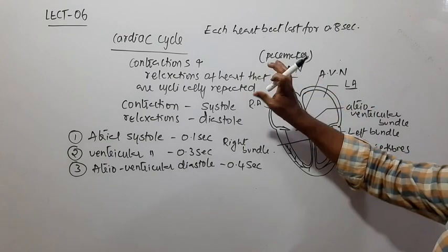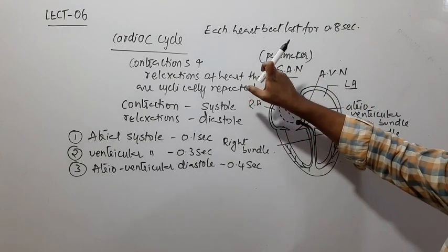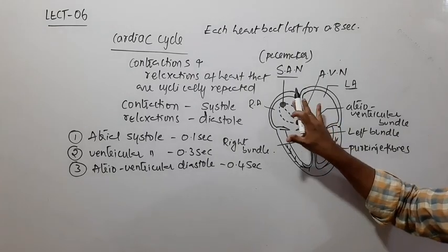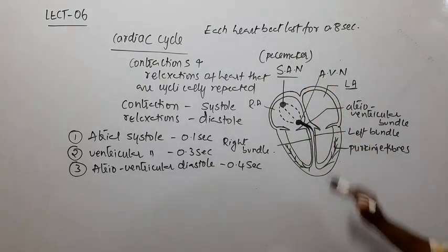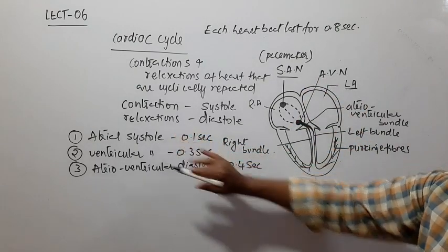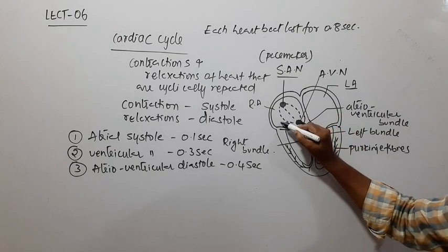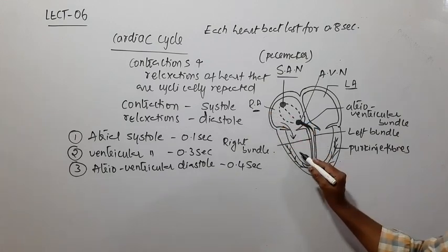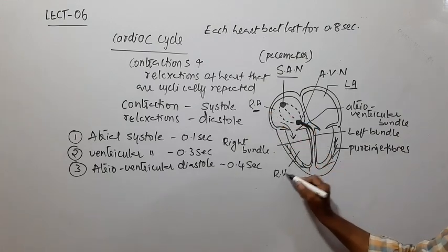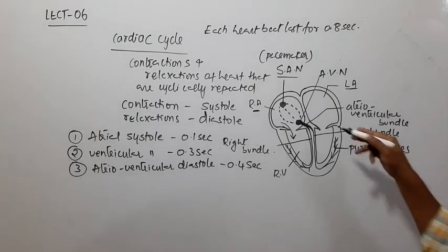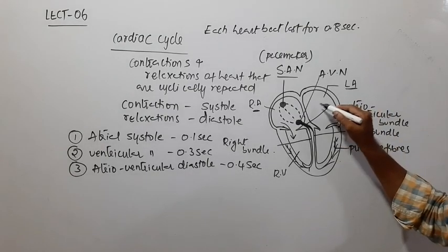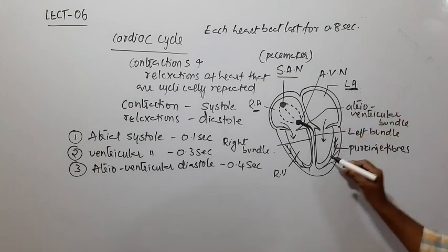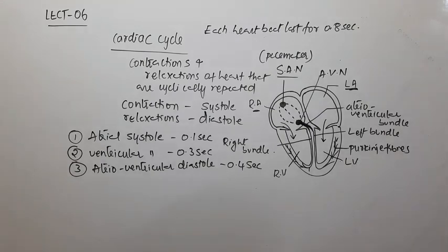And now, when the pacemaker initiates an action potential, it will spread all over the atrium, and that results in atrial systole. This will pump the deoxygenated blood from the right atrium into the right ventricle, and at the same time the oxygenated blood from the left atrium is pumped into the left ventricle, right?